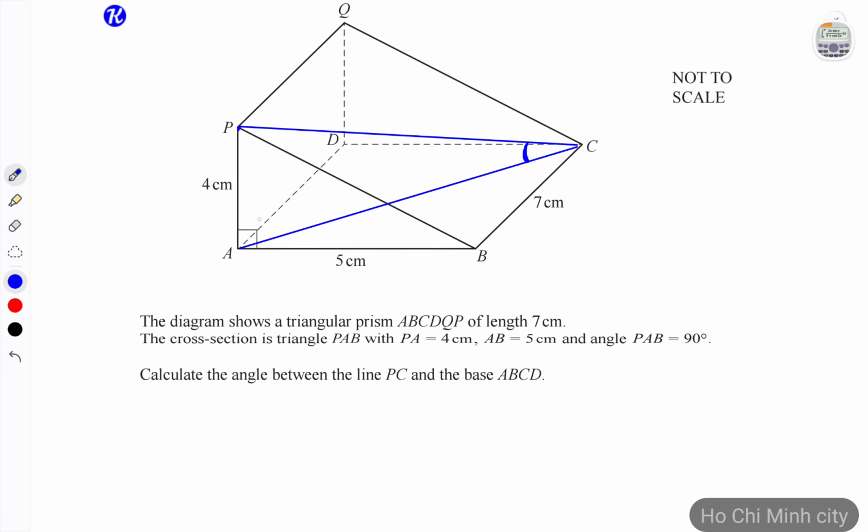And we also know that PA is perpendicular to AC, so we have this angle is a right angle. We know the PA is 4 centimeters. So if we know one of the two other sides, then we can calculate this angle. It is very easy to work out the value of the diagonal AC, right?